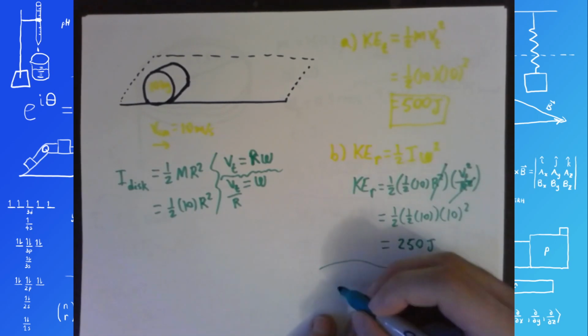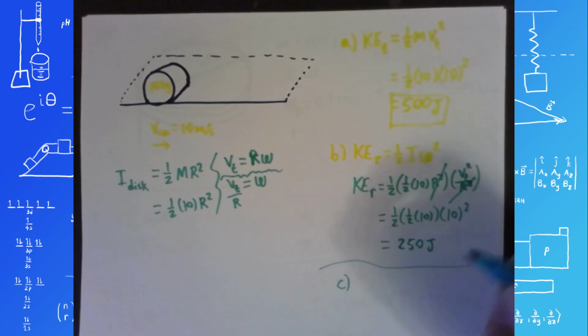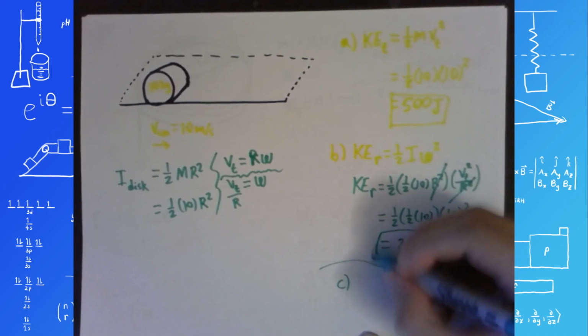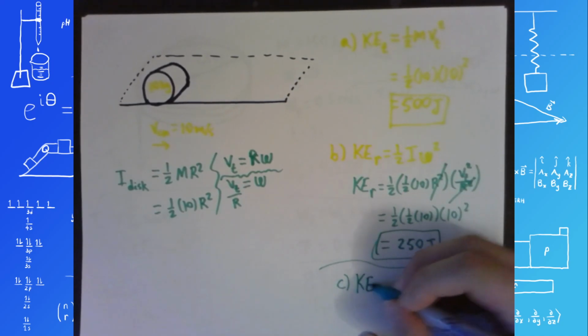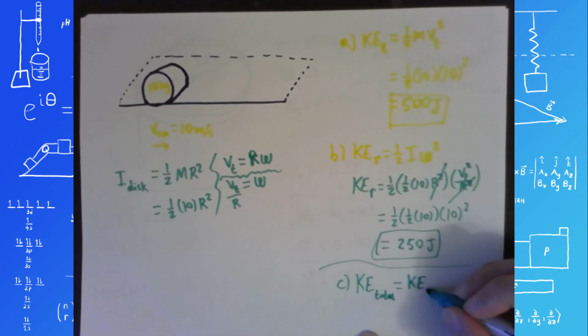And then part C is the easiest part, given that you completed parts A and B. What is the total kinetic energy? Kinetic energy total is just the translational plus the rotational.